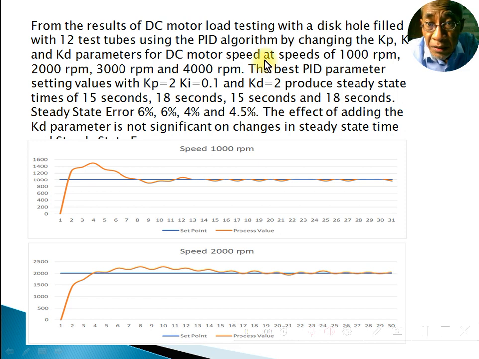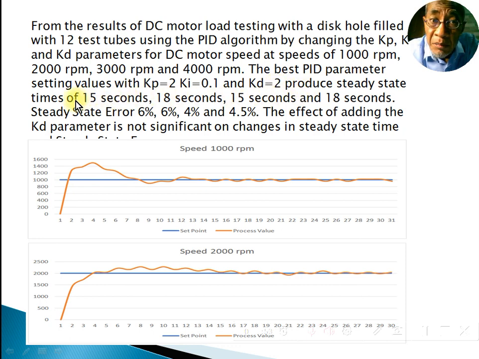In this research we use many set points: first 1000 rpm, then 2000 rpm, 3000 rpm, and 4000 rpm. The best PID parameter setting is Kp equal to 2, Ki equal to 0.1, and Kd equal to 2.